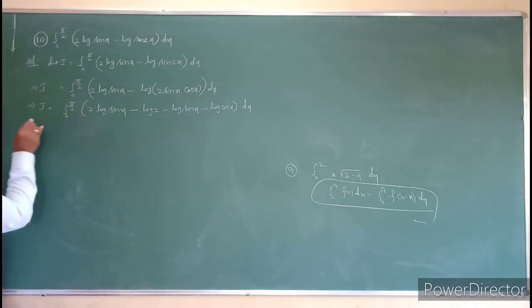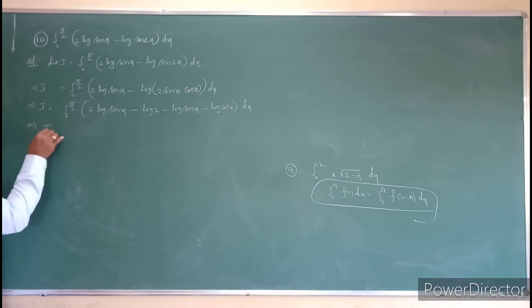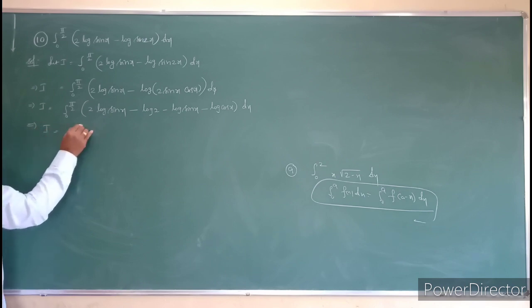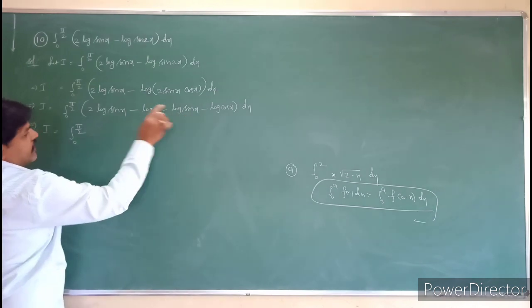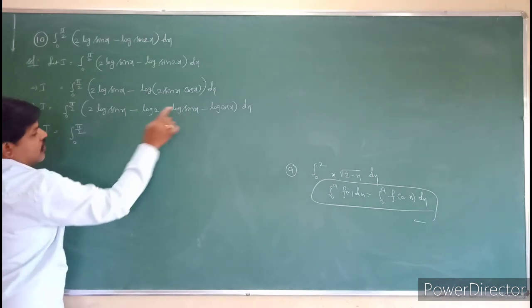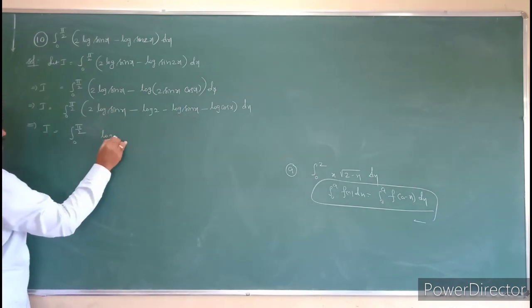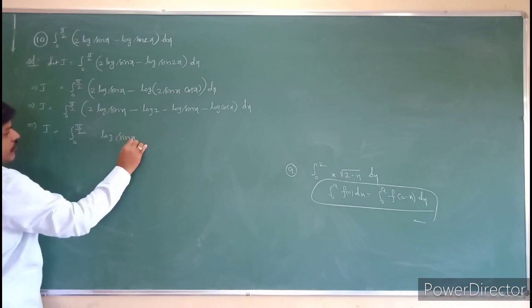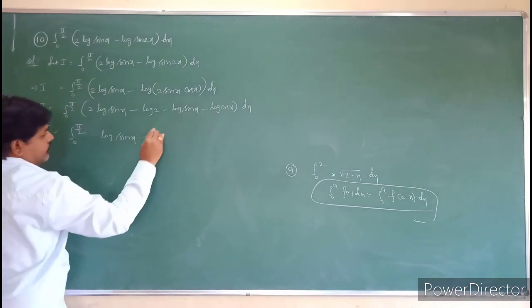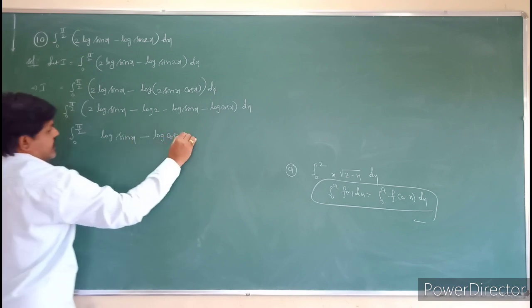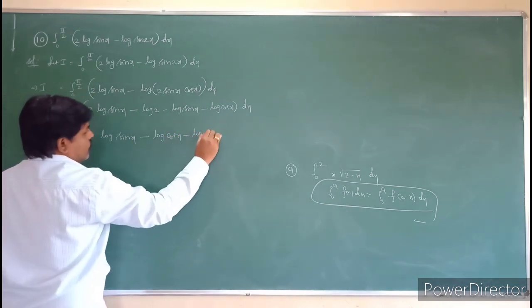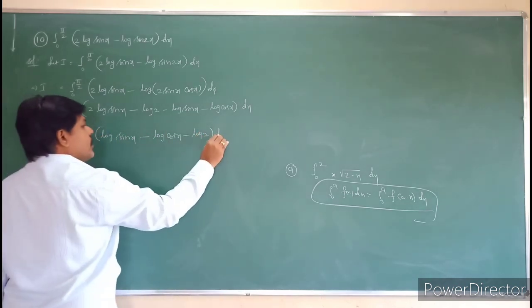So that implies I is equal to integral 0 to pi by 2 of 2 log of sin x minus log of sin x. So 2 log of sin x minus log of sin x will become log of sin x, minus log of cos x minus log 2 into dx.